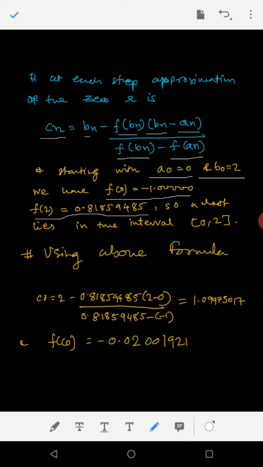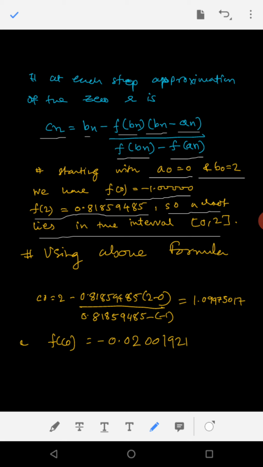Multiply, and you get less than 0. That means both are in opposite sign. f(a0) and f(b0) have to be in opposite sign, because you are getting less than 0. So we can say the root lies in the interval 0 to 2.